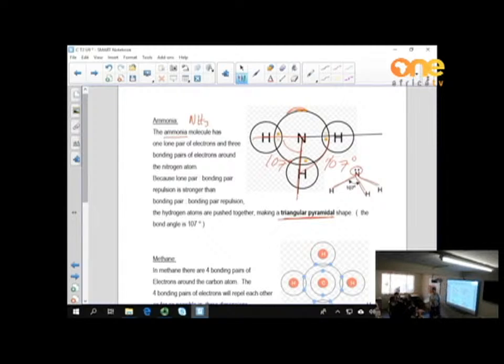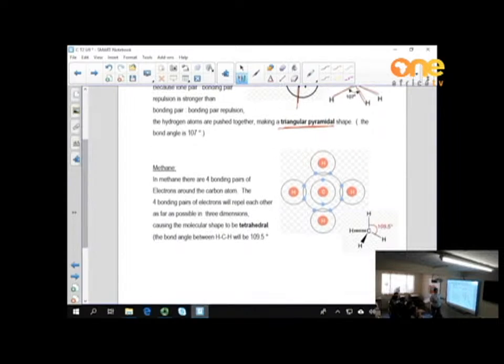Methane is probably the easiest one to explain of the lot. Are there any lone pairs of electrons? No. We have 4 sets of bonding pairs. There's one set, there's another set, and another set. And we find now that the repulsion between these pairs is fairly weak, but it is the same in 3 dimensions.